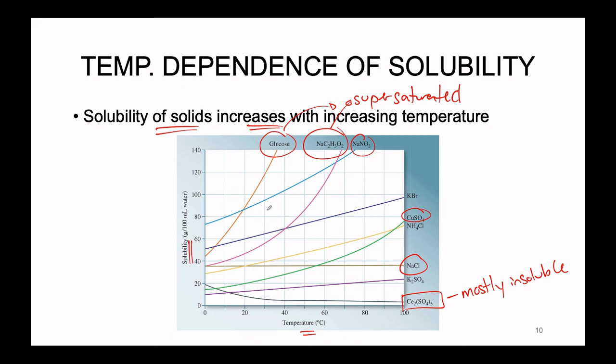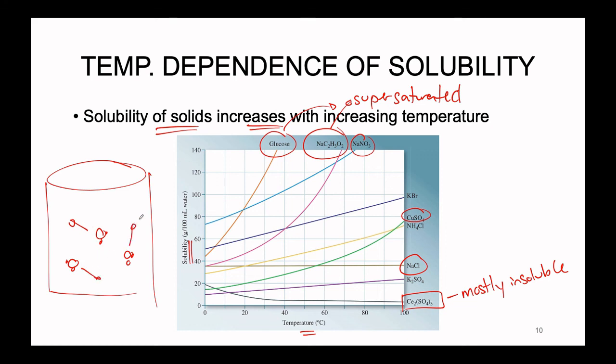All right, so let's talk about why the solubility of these solids increases with increasing temperature. It all comes down to what happens to the solvent. As you increase temperature, what ends up happening to the liquid solvent, to our water, is that the molecules are able to move around a little bit more freely. Because these molecules gain energy, they're able to whiz through the solution and flow a little bit more easily. As a result, there is more space between these water molecules.